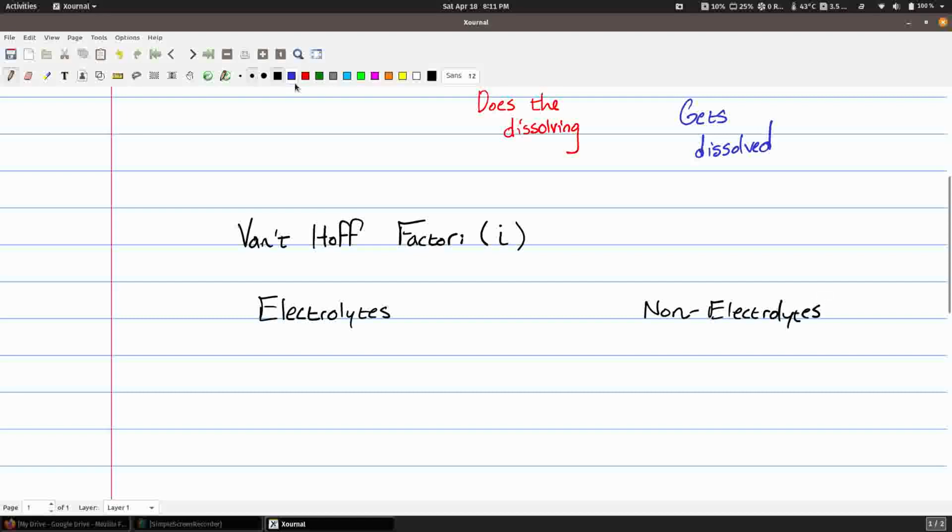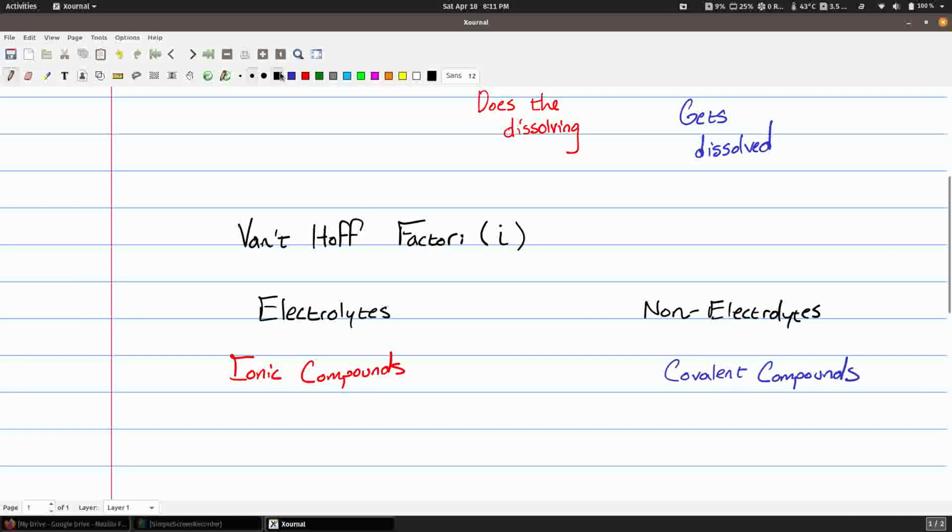Your electrolytes are going to be your ionic compounds. And then non-electrolytes are going to be covalent compounds, like sugars and alcohols and stuff like that.